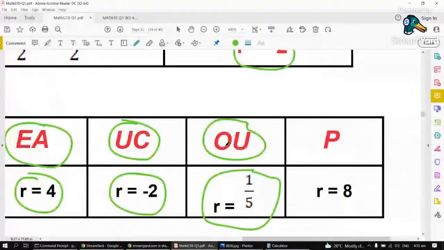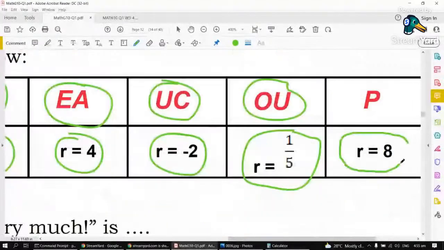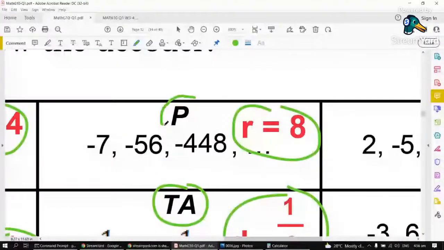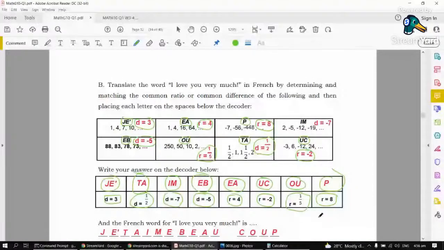And the last one, ang ating common ratio 8. Nasaan ang common ratio 8? Itong common ratio. Common ratio 8, ang letter dun is P. Yan.